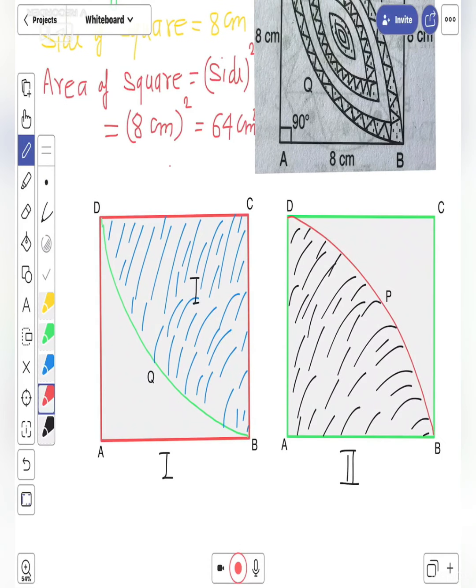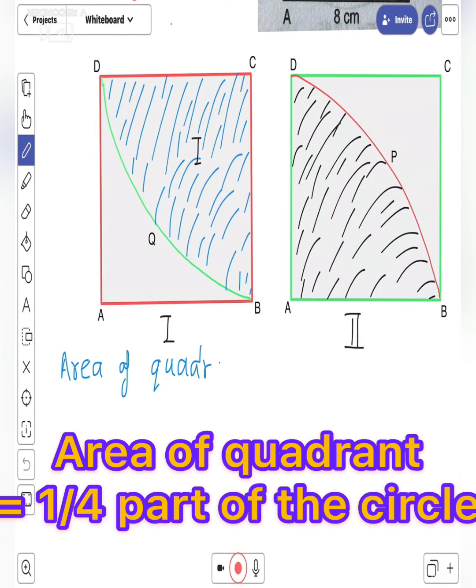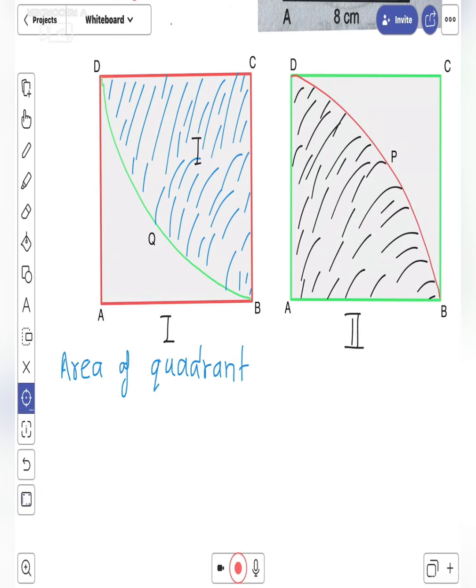Okay, now how can you find the area of these two quadrants? Okay, let us start. So the area of the first quadrant, the name of the quadrant, you can observe that this is BCDQ.